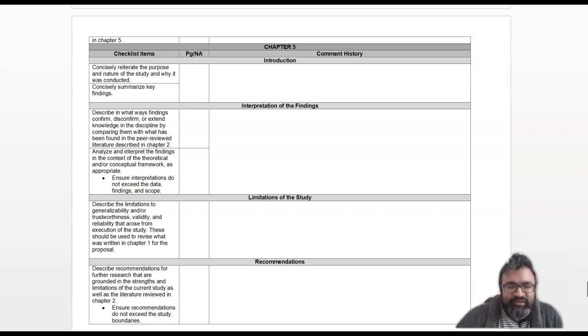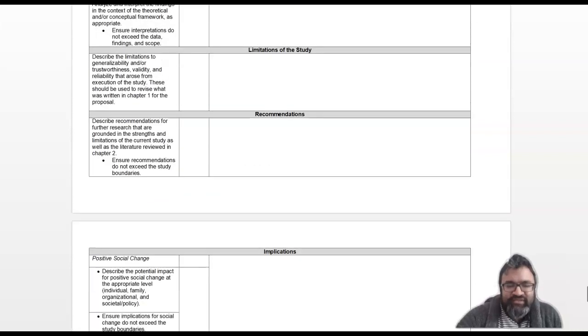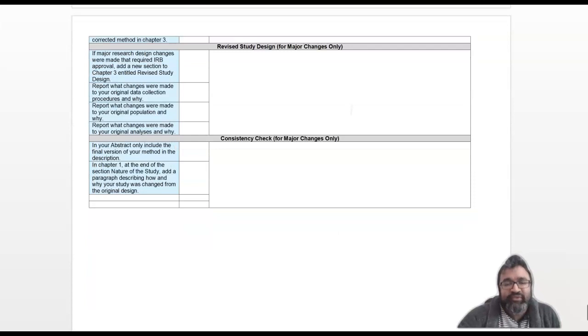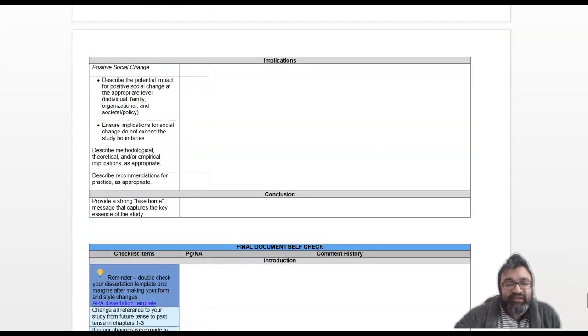So the next component, of course, is trying to make sure that the implications are provided, and of course, at Walden University, positive social change is of utmost importance. So at the appropriate level, maybe this is at the individual level. It might be all of them: individual, family, organizational, and societal.